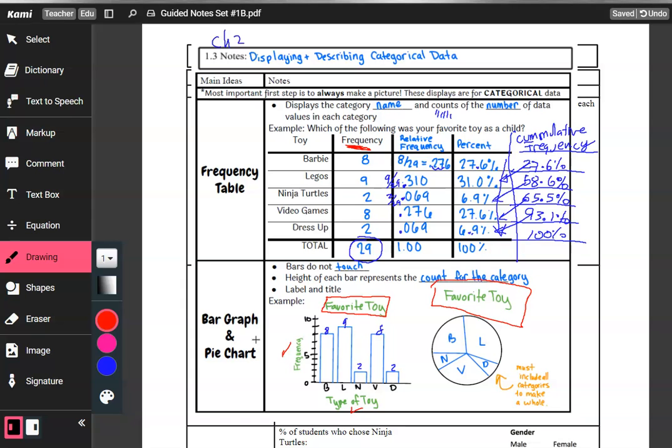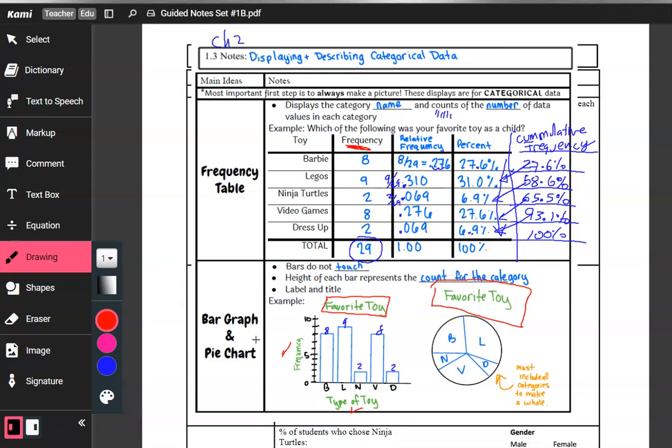And for pie chart, you want to make sure you include all the categories to make it complete. Okay, so that's all the categories for this pie chart. And it does matter the size that you draw it.